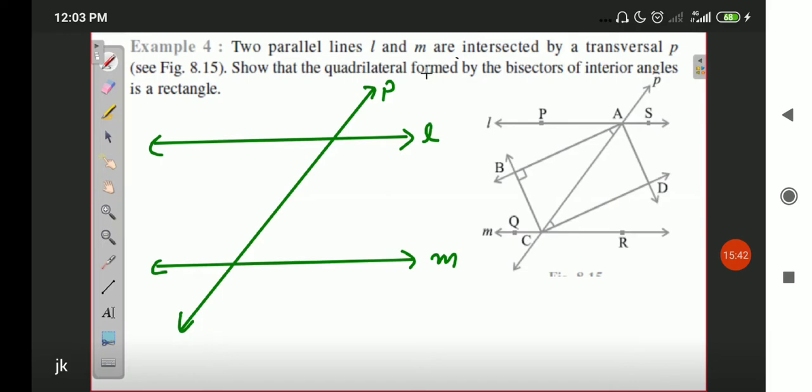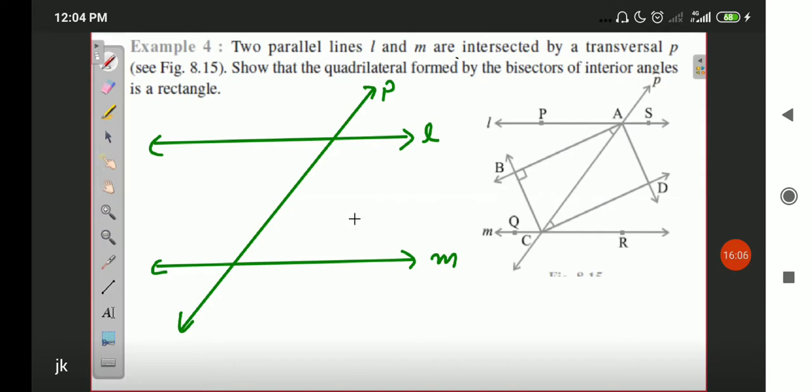Show that the quadrilateral formed by bisectors of interior angles. We have discussed this already in the chapter on lines and angles. There are eight angles in total when we consider a set of parallel lines, that is, two parallel lines and a transversal.